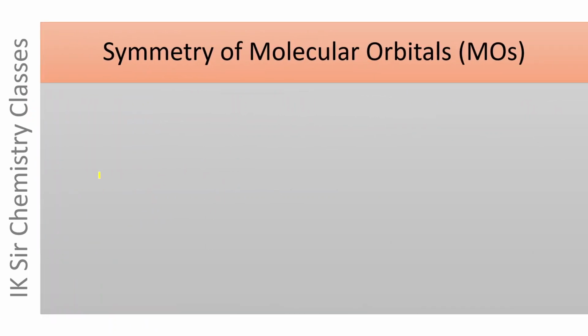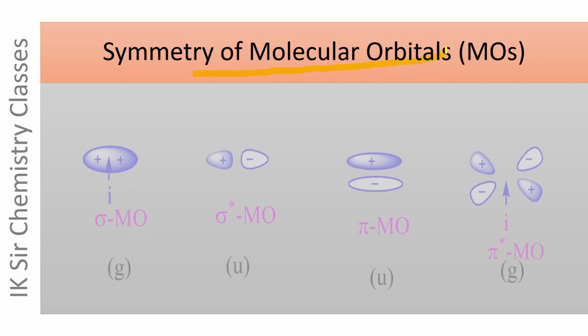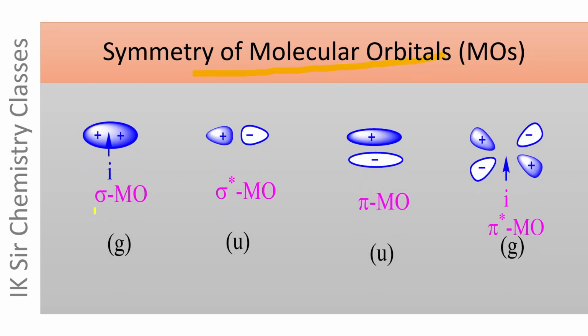Symmetry of molecular orbitals. This is the sigma bonding MO. If we pass a line along this direction, we get equal lobe parts on both the sides at equal distances, and hence the sigma bonding MO has a center of symmetry present here.